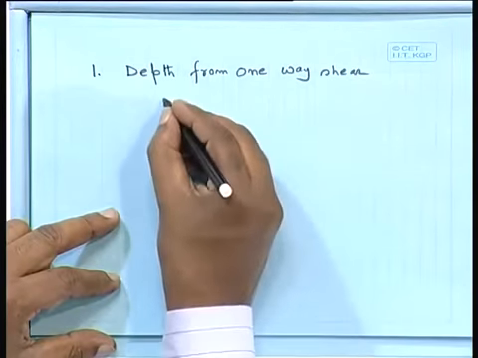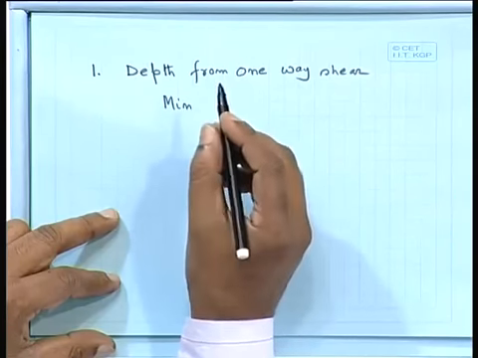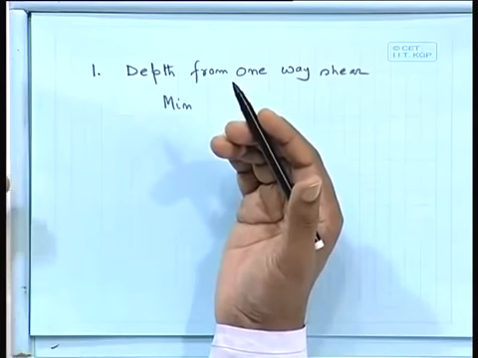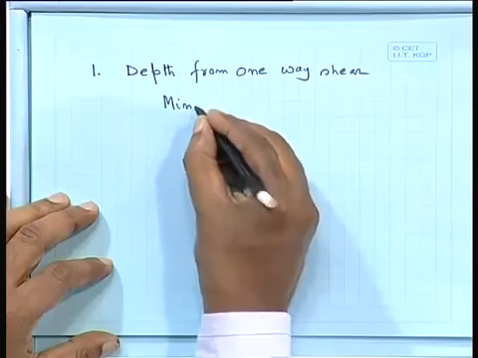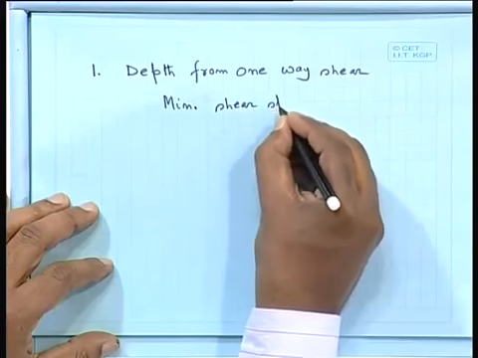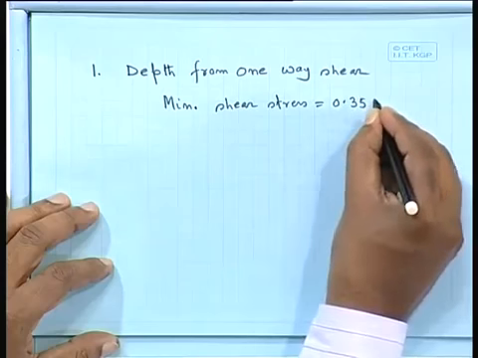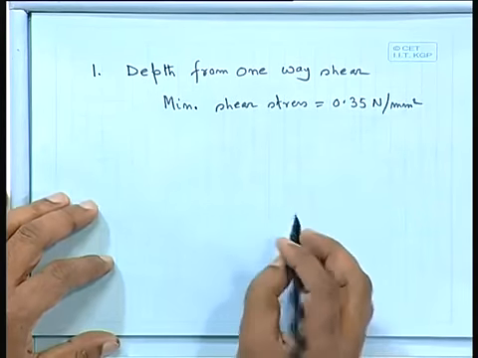What we are assuming is that the minimum shear, though it could be less, 0.28 something, but since we are using tensile steel, because of that we can increase the shear stress a little bit. So the minimum shear stress that is permissible here in our case is 0.35 Newton per square millimeter. Okay.